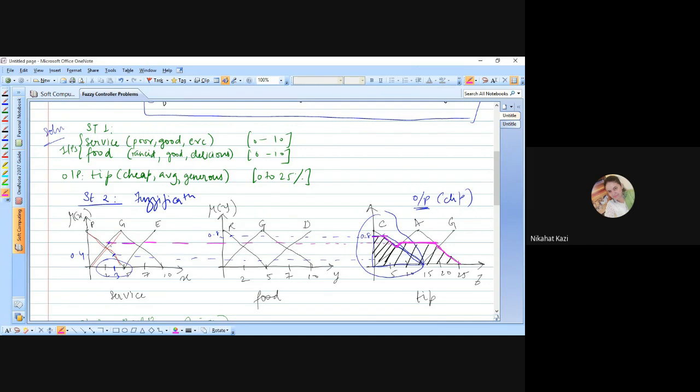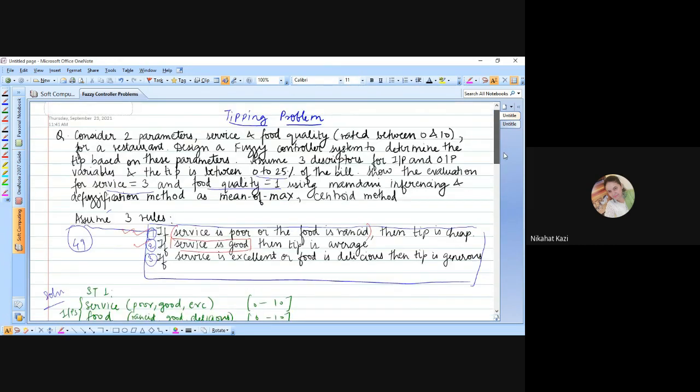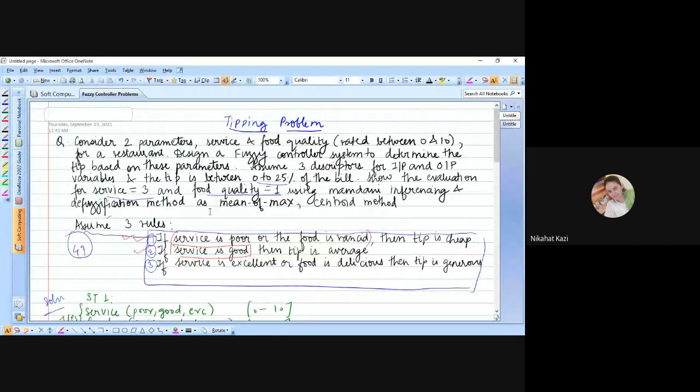Any problem scenario given to you, like this tipping problem, is a very classical problem which is discussed, and it is available in the libraries. Maybe in the lab session, I will give you a demo of this. It is present in the Python fuzzy library also.